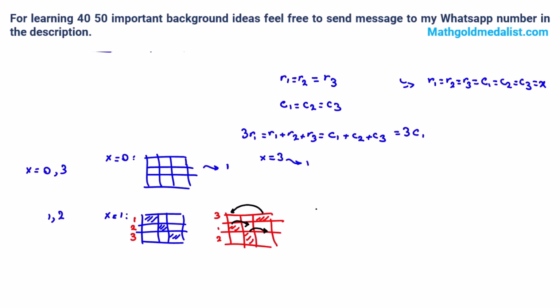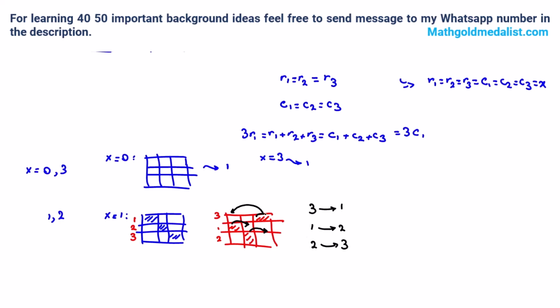Why? Because you say the third column should go to the first column. The first column should go to the second column. The second column should go to the third column. For n, as you can see, for each number, we always have one out degree and one in degree. Why?